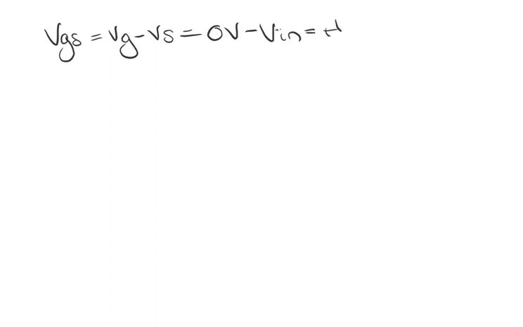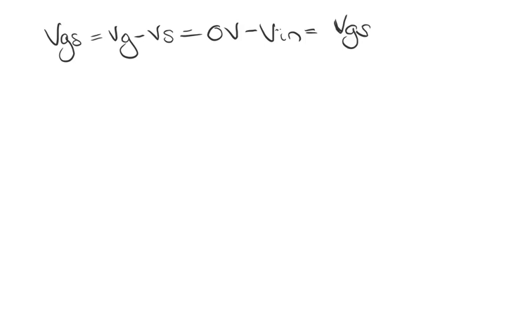So I can say VGS, as my second equation, is equal to VG minus VS, which is 0 volts minus Vin. So VGS is equal to minus Vin. Let's get rid of that. Okay.